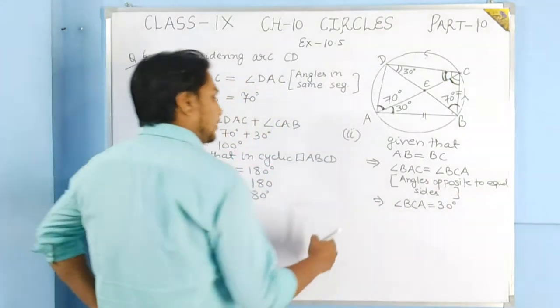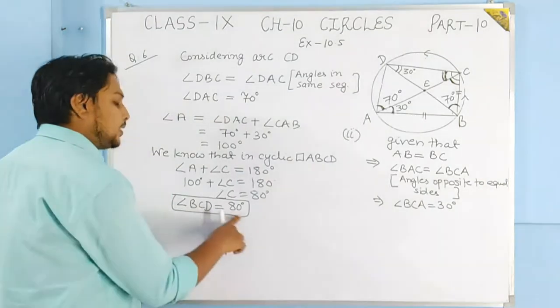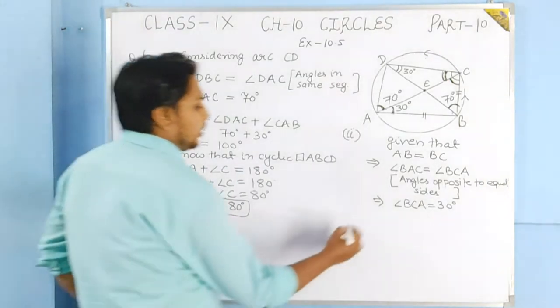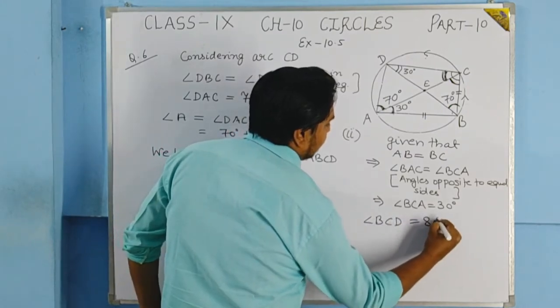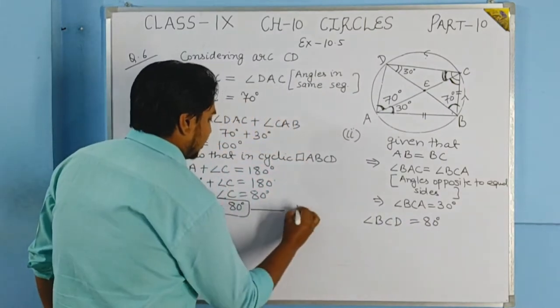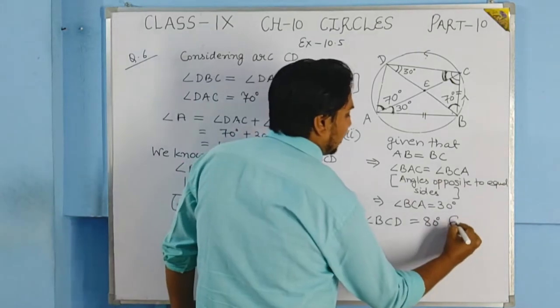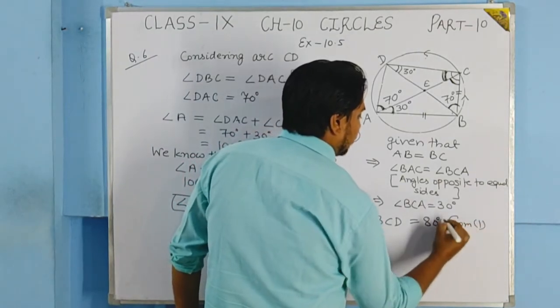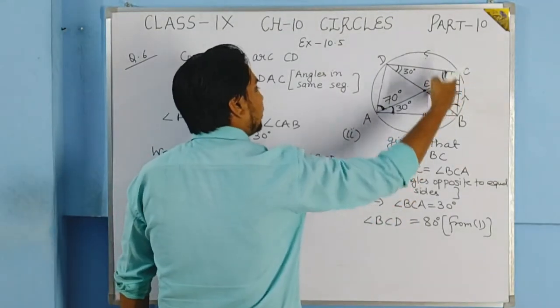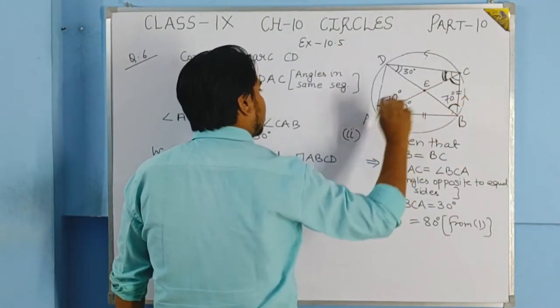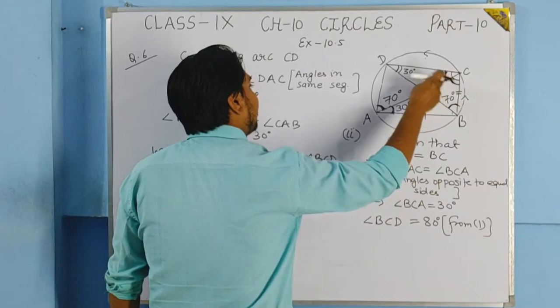Now see students, here we have found angle BCD is equal to 80 degrees. Suppose it is the first equation, and here you will write from 1. Now angle BCD, this whole angle, is made with the sum of two angles.